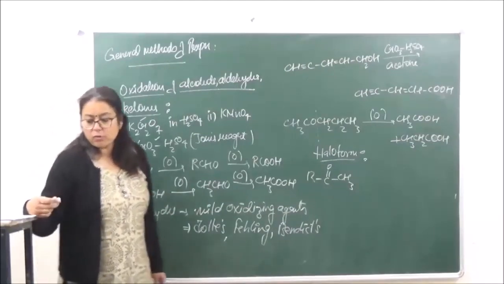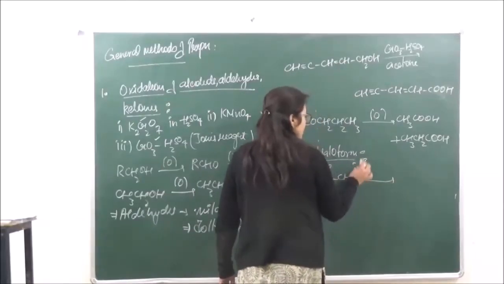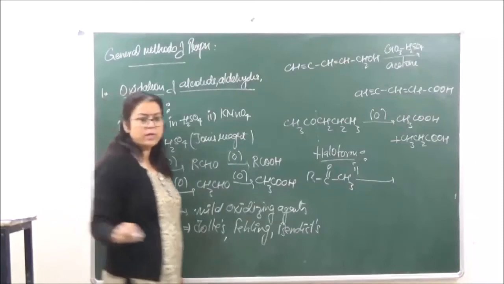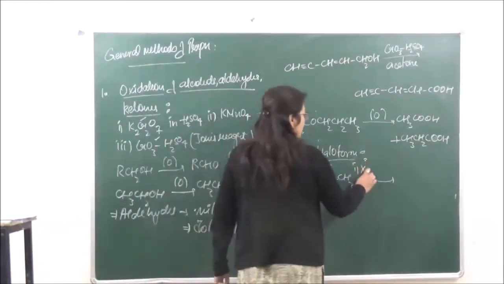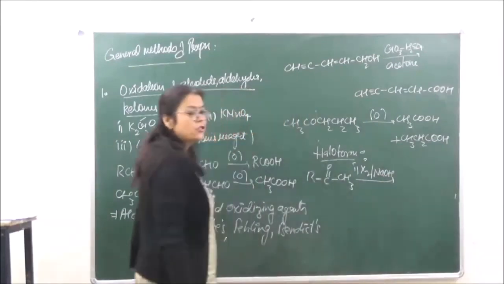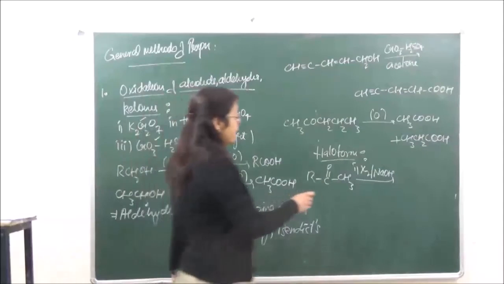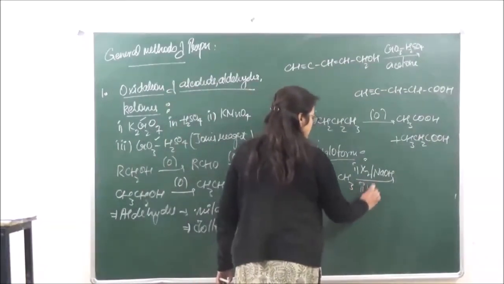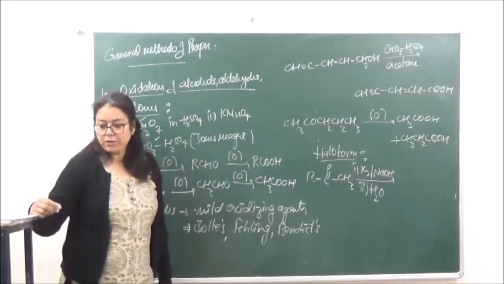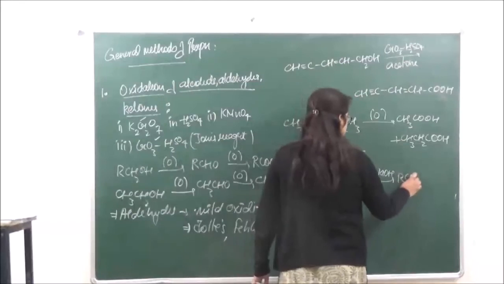Now over here we are going to react this with sodium hypohalite, or we can react it with a halogen in presence of NaOH. And in the second step, we react it with water. So what are we going to get over here? We will get the respective acid.